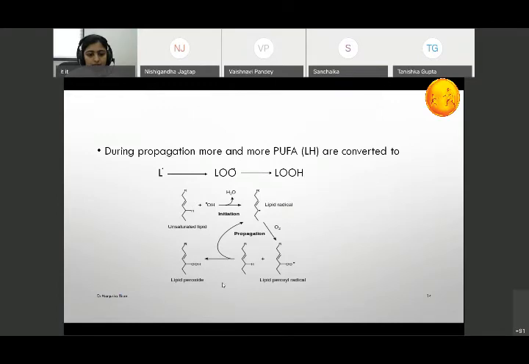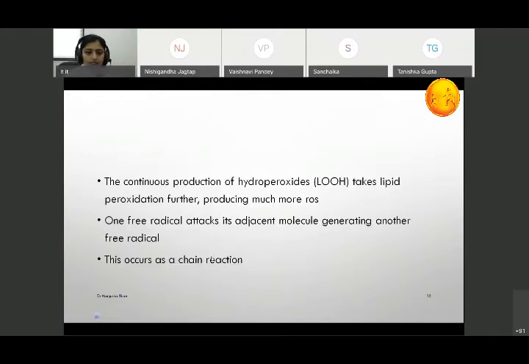Here you can see the propagation of the chain. The continuous production of hydroperoxide takes the lipid peroxidation further, producing a much larger amount of reactive oxygen species. A large amount of reactive oxygen species are produced because of this propagation phase.